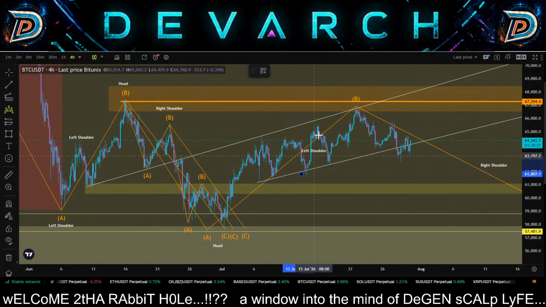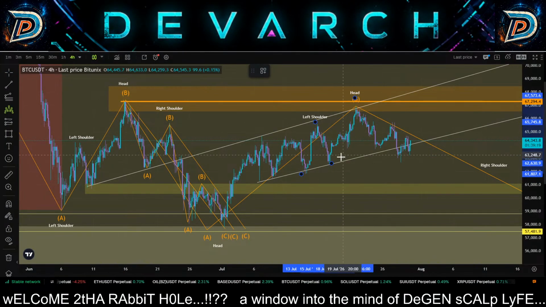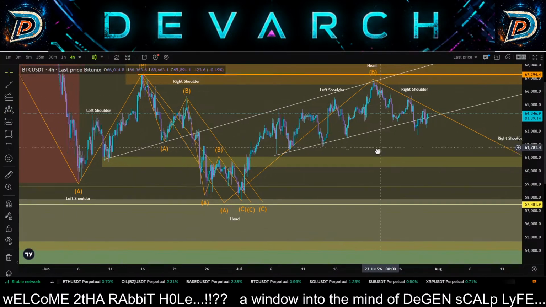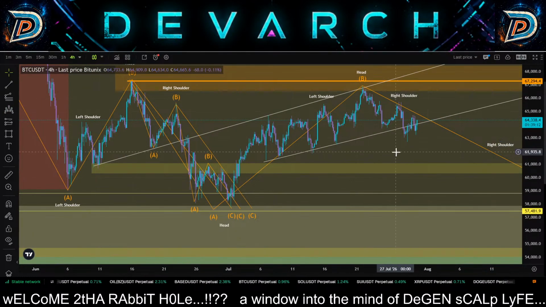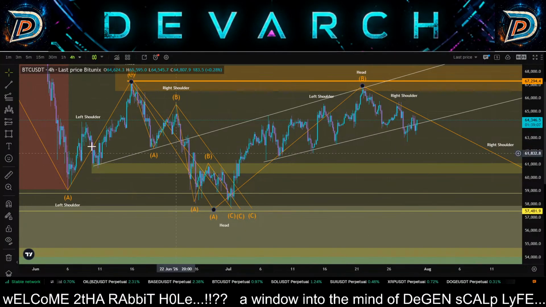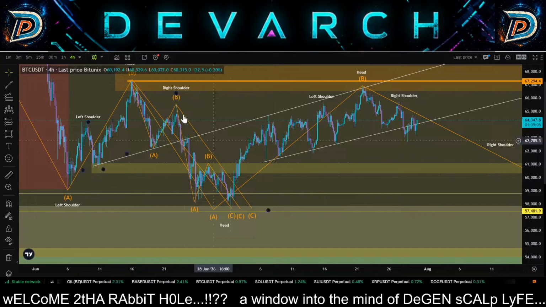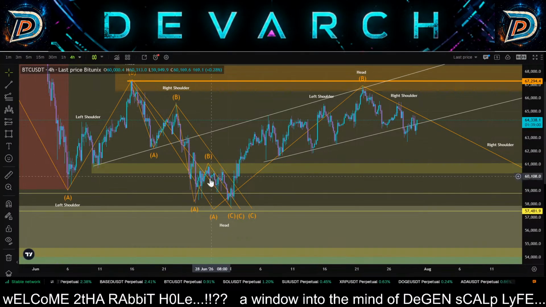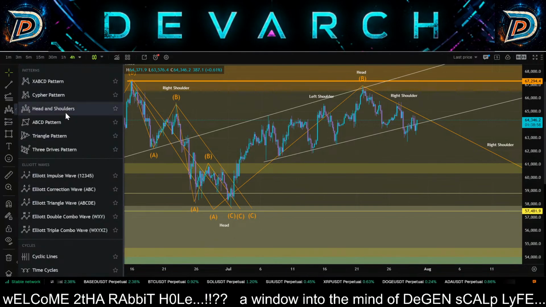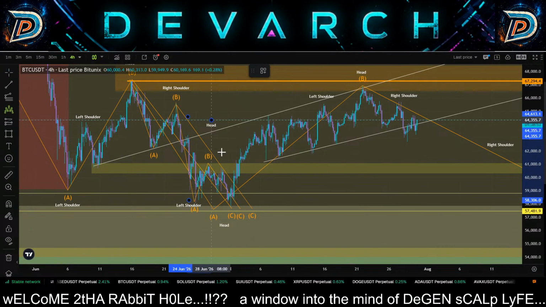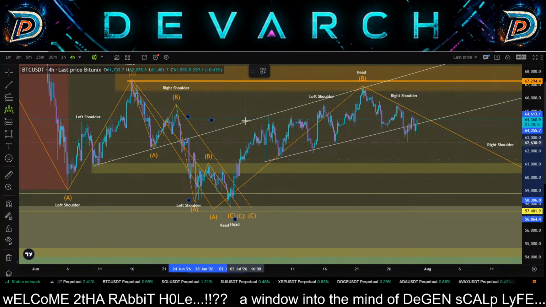And the most important patterns to be aware of, the outline market structure, are the head and shoulders, the inverse head and shoulders, the trend lines and the wave mapping. And like I said, the A wave is the left shoulder, the C is the head, and then the right shoulder.